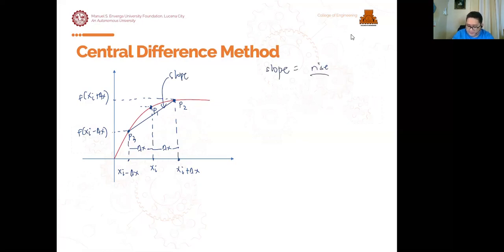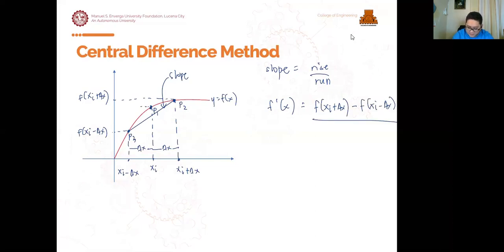Rise over run. So slope natin, first derivative ng function. Okay? So ito is y f x, yung red line natin. Equals sa rise. So ibig sabihin yung 0.2 minus 0.3 na y coordinate. So f xi plus delta x minus f xi minus delta x all over. Ano yung magiging run natin ngayon?